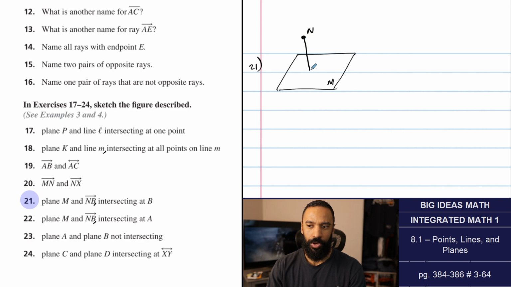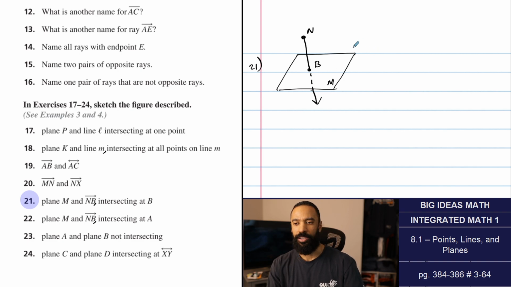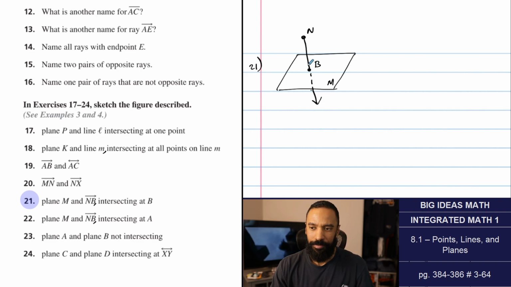It's going to go through. It's going to hit B right here. Boom. But it is a ray, so it's got to extend out the other side, say like that. Boom. And there it is. B is on the plane. We intersect at B with that plane, and it is a ray starting with N. Okay. Pardon the confusion. This is me looking at it for the first time.